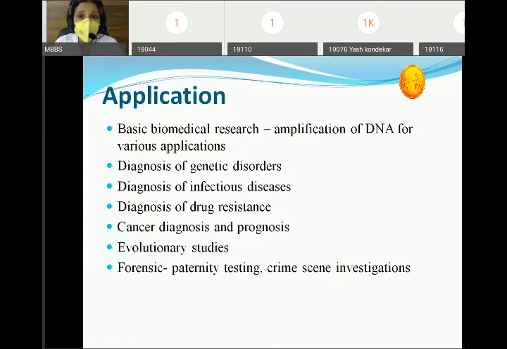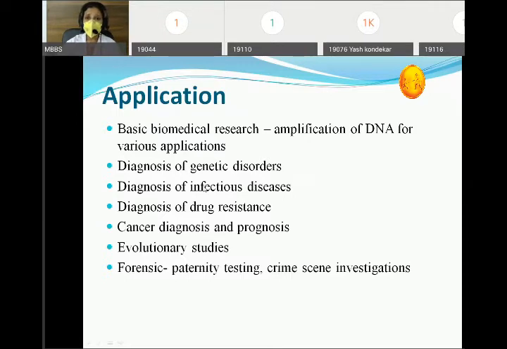Now for the diagnosis of genetic disorders. If there is some defect in the genetic structure of the patient, a single defect in those genes can be studied with the help of this PCR. Another is the diagnosis of infectious diseases.